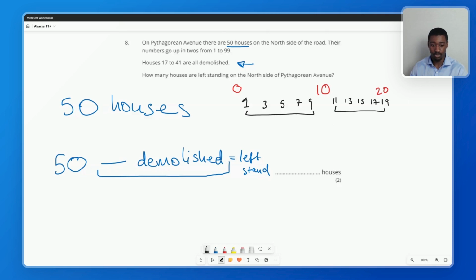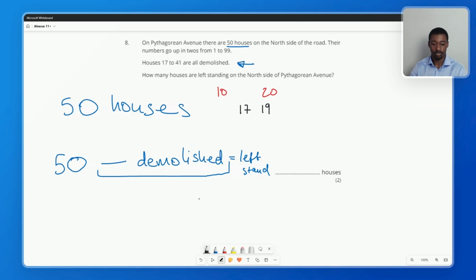So between a gap of 10, so 0 to 10, 10 to 20, 20 to 30, we should have 5 houses. Now we're trying to work out the number of houses between 17 and 41, because that will tell us how many houses are demolished. Going from the 10 to 20 bracket, we're going to have house number 17 and house number 19 demolished.